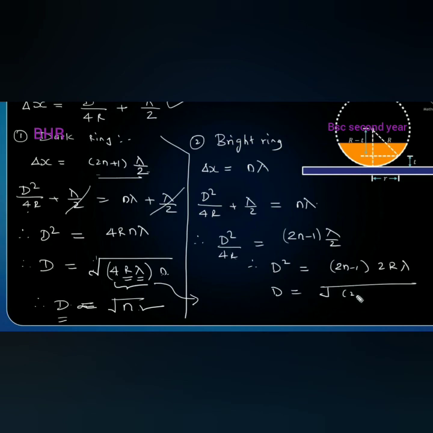That implies D equal to square root of (2n minus 1) 2R lambda. This equation represents the diameter of the bright ring. Here D is proportional to square root of (2n minus 1). Here 2n minus 1 represents an odd number. Therefore, the diameter of the bright ring is directly proportional to the square root of odd number.